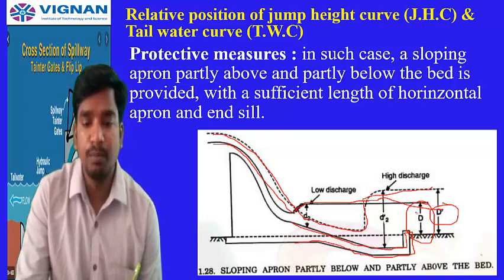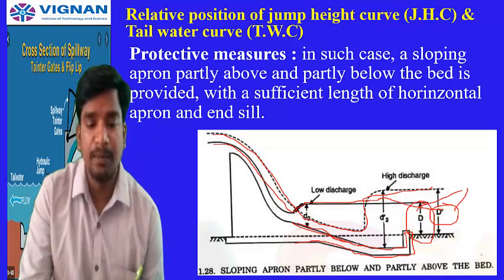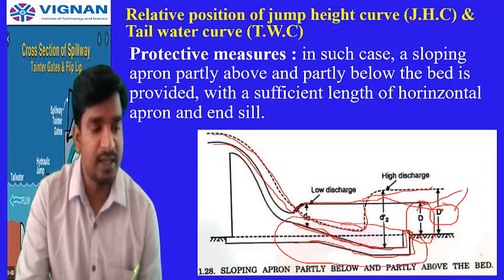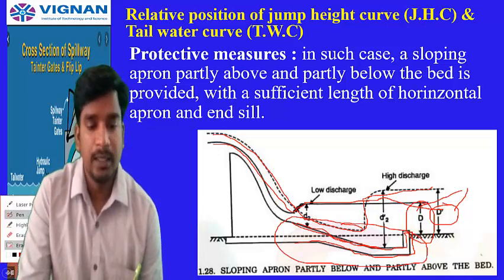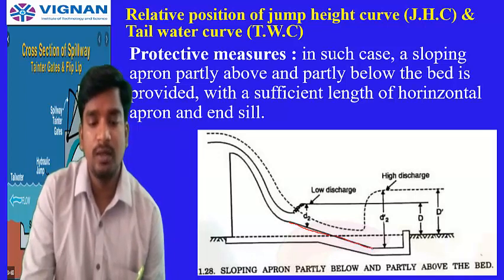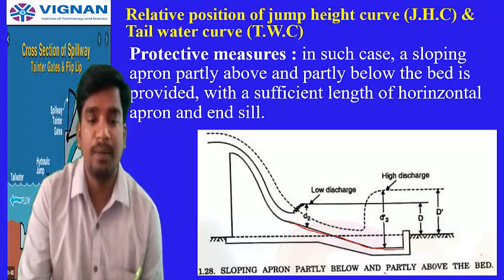In order to meet both the depths, we are providing an inclined portion. A Stilling Basin is designed in such a way that a portion is partly above the river bed and a portion is partly below the bed. By arranging the portion partly above and below, these two are met.